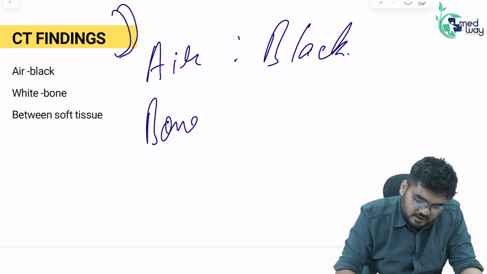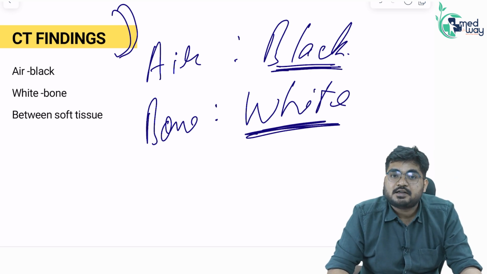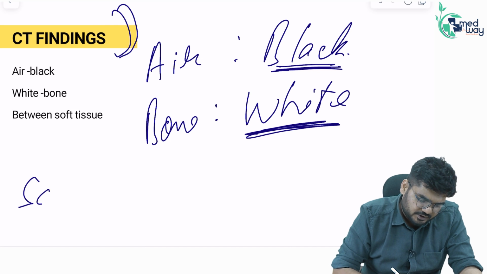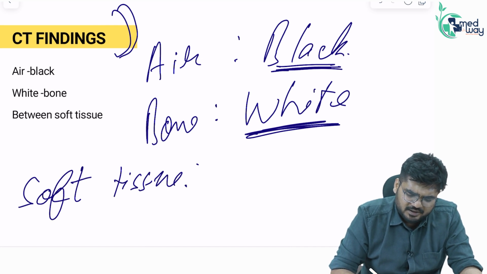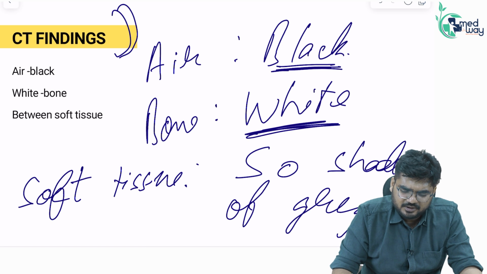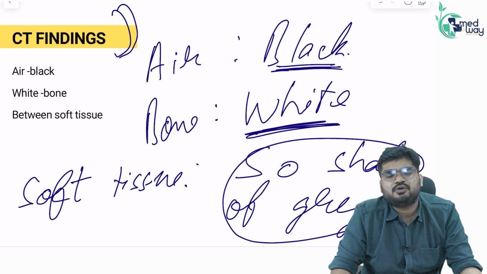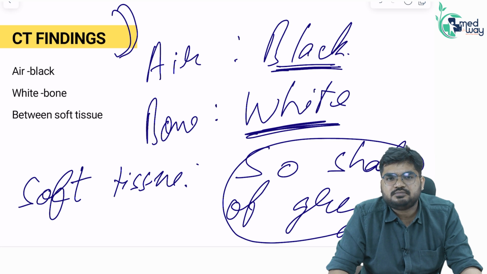Bone is always completely white. Air is always black, bone is always white, and all the rest of the soft tissue structures look like 50 shades of grey. You might be smiling, no need to smile, it is a way to remember.